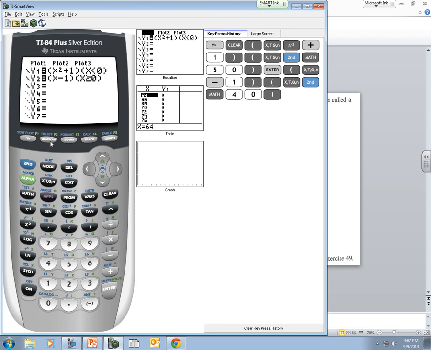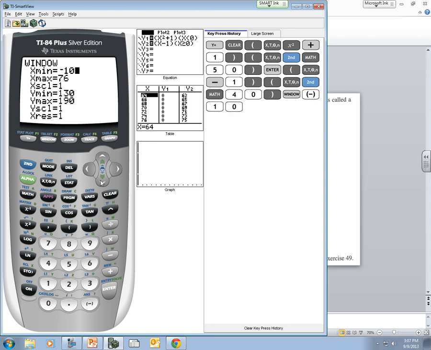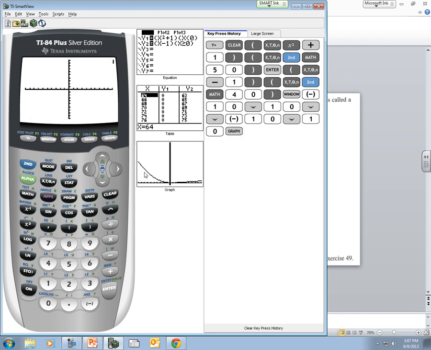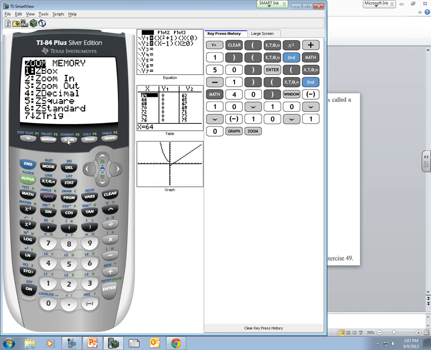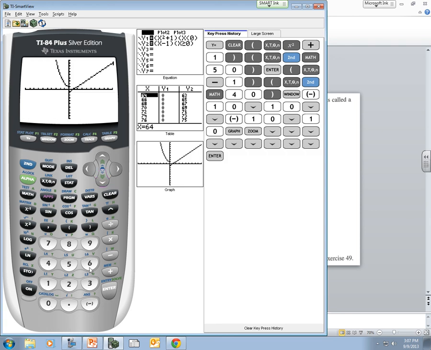I'm going to go ahead and graph this. I'm going to make my window negative 10 to 10, and do that for the y's as well. And let's see what happens. Okay, we have two different graphs going on right there. Just so it's nicer to see, I'm going to do a zoom fit, which is 0, and that'll redraw it here.